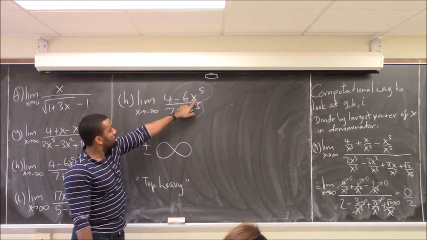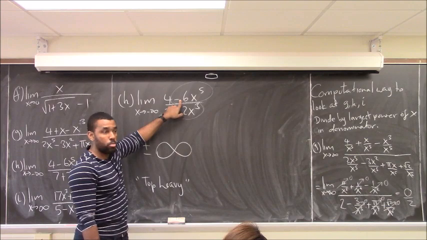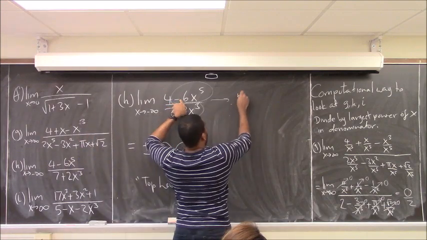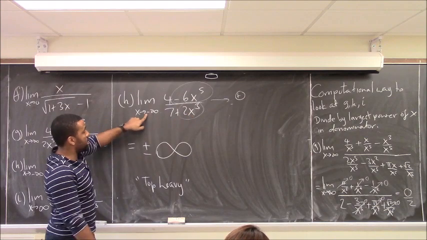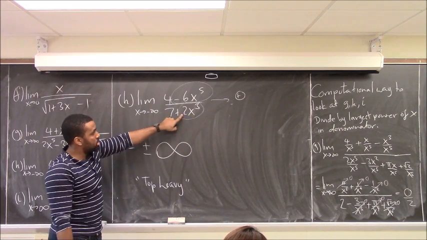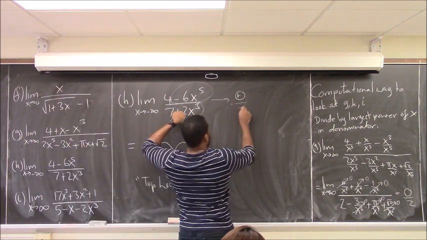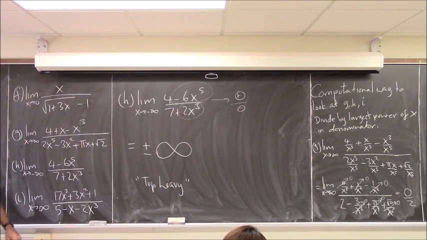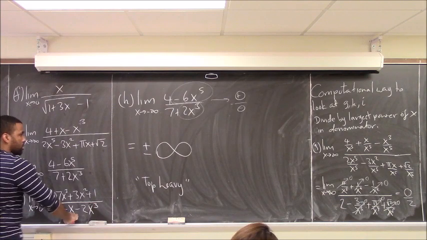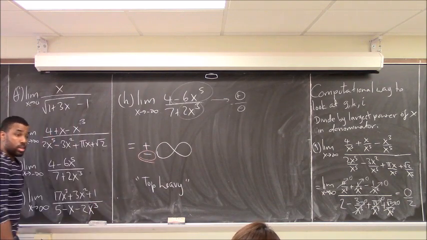Yes. Times a negative 6, so that would be positive. So the top is going to a positive number. In the denominator, x cubed is negative. You're multiplying by a positive 2, so it stays negative. So you have a positive huge number over a negative small number. Negative infinity is the answer.